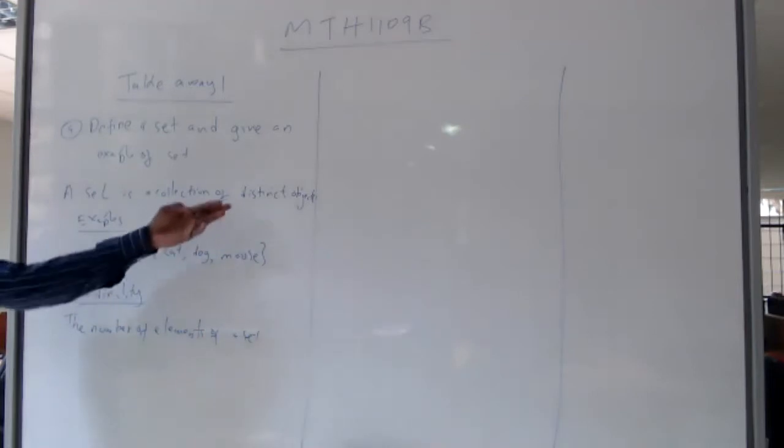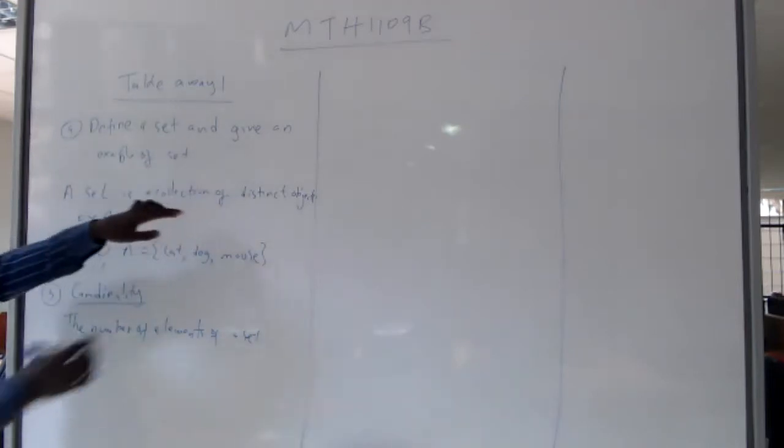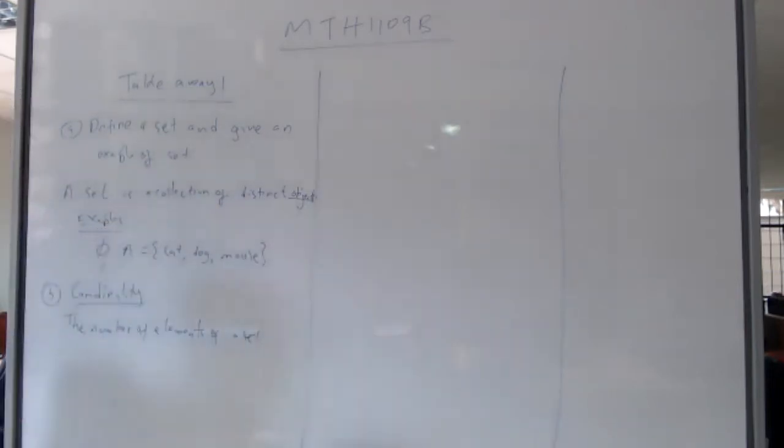So these objects in your collection, we refer to them as elements. So just count the number of elements and that gives you cardinality. And in this case, the cardinality of the empty set is 0 because the empty set does not contain any object.